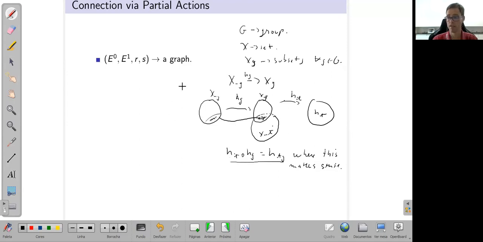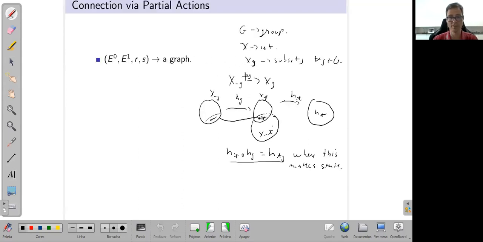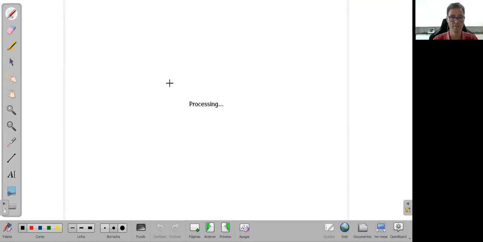If you're in an algebra, say if instead of starting with a set I start with an algebra, then these subsets would be ideals. If X was a topological space, the subsets would be open sets, and so on. So it depends on which category you are in; you change the restrictions here. Okay, sorry about erasing this, but let's move on.